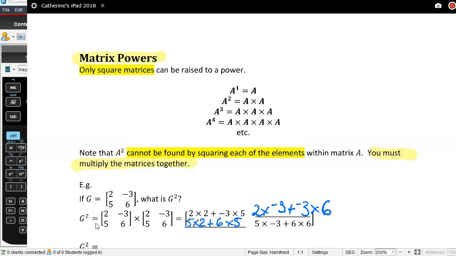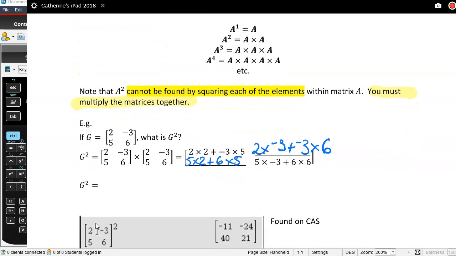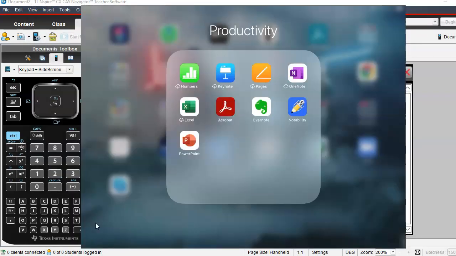And you can see for this element here, it's the second row times the second column. And so when we work that all out, doing it by hand, you can see, okay, that's 2 times 2.